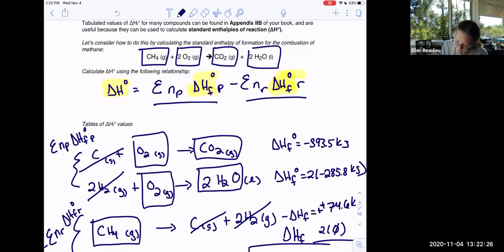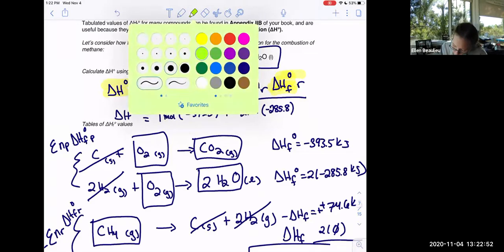So this is saying, if I were to just use this without doing all those reactions, I would say 1 mole of carbon dioxide times negative 393.5 plus 2 moles of water times negative 285.8. All right, all of that, let me use my highlighter.